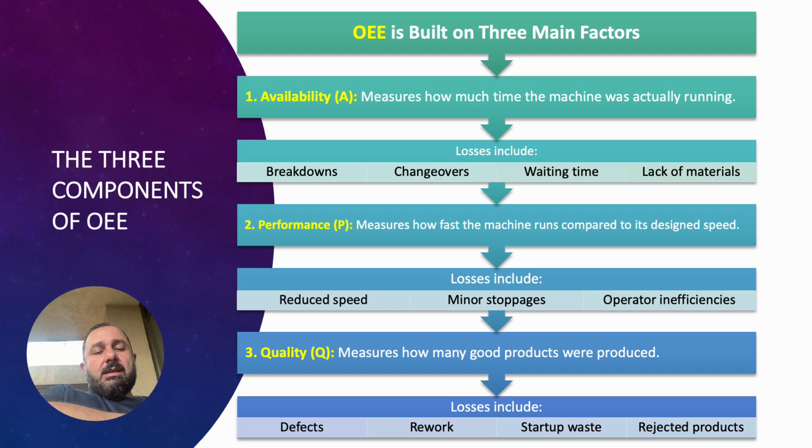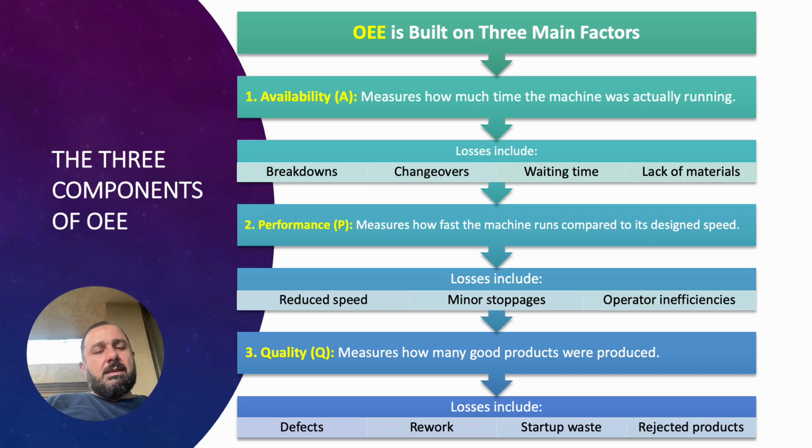The third factor, which is also important, is the quality of the product. When I'm producing, how many rejects am I getting? At the end, when I finish everything, is the quality of the product the quality that is required?